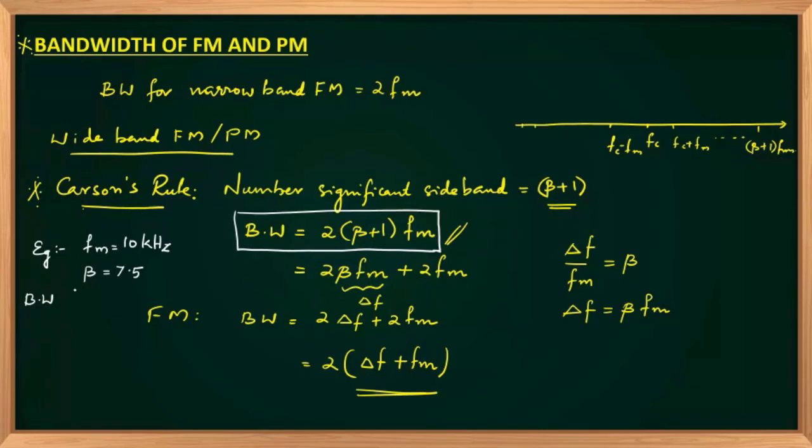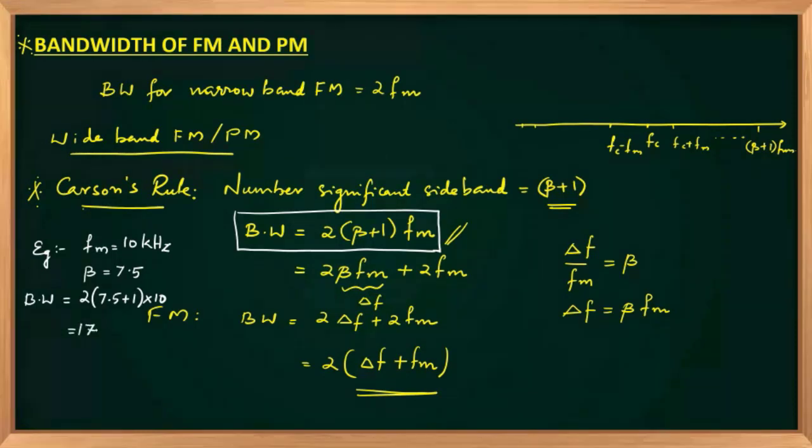Can you calculate it? Yes. Right, Chetna. 2 into (7.5 plus 1) into 10 kilohertz. So yes, 170 kilohertz.